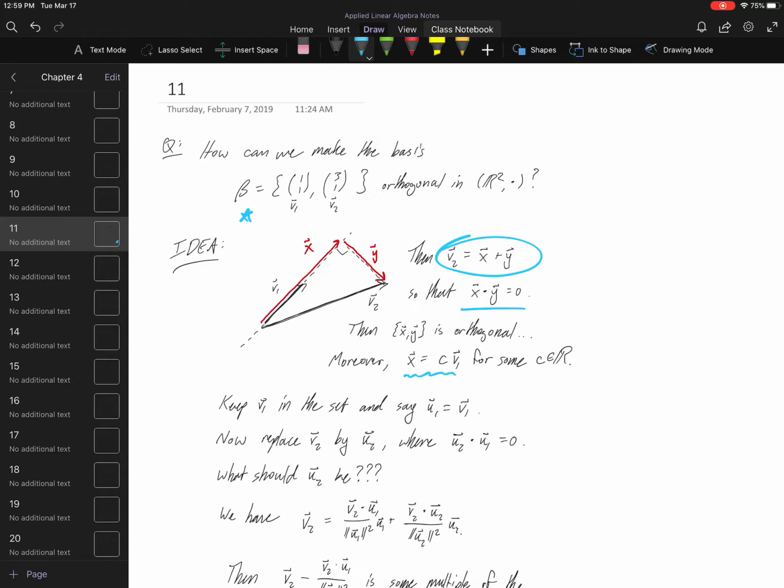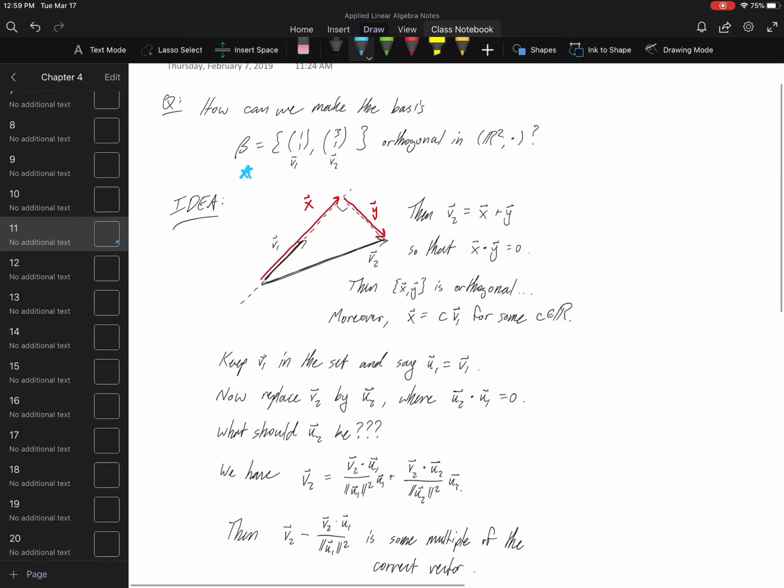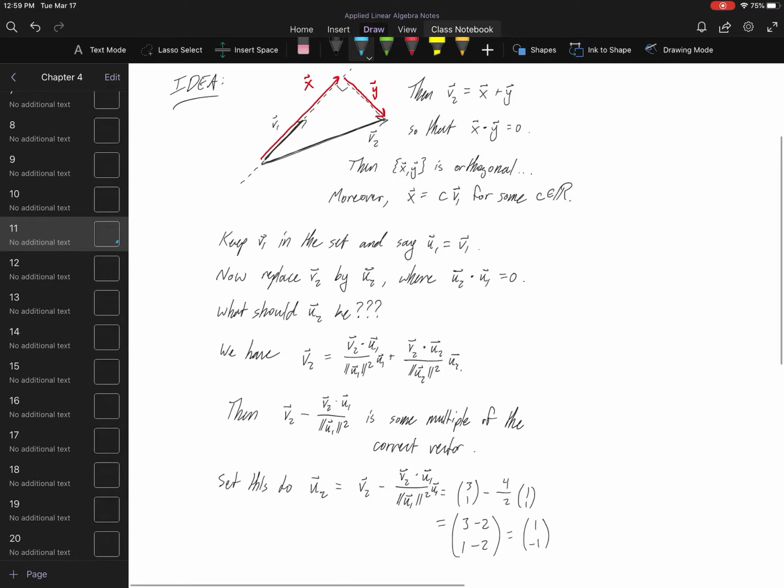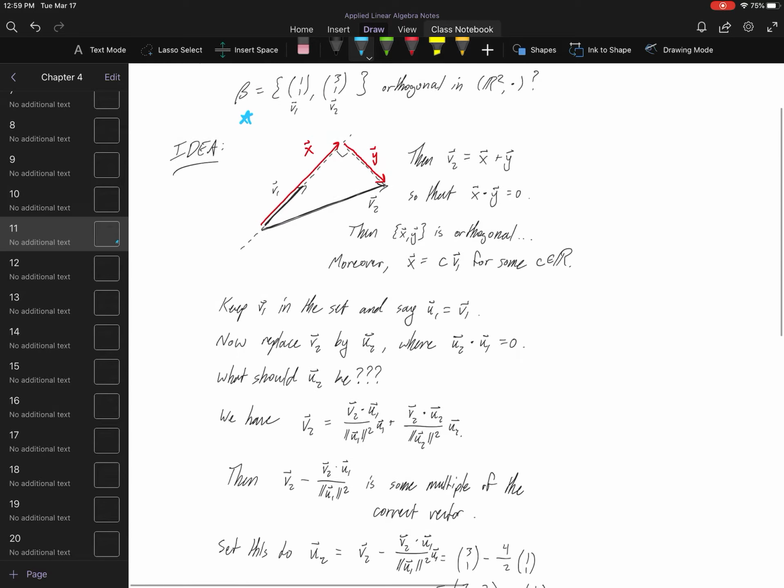In particular, we would like to show how much of V1 is in the V2 vector. That's where this first part of the argument is going. We're trying to see what that shadow of V2 looks like on the span of V1. So let's not modify V1.